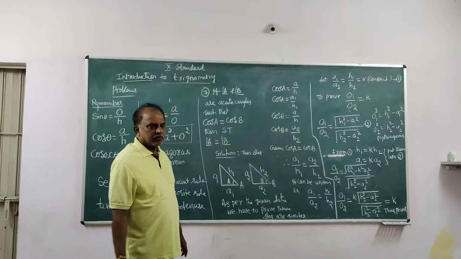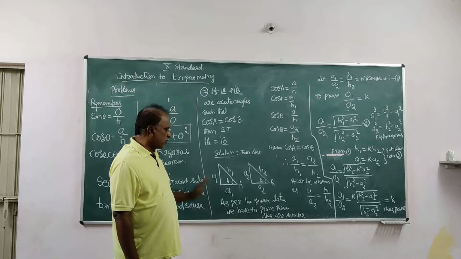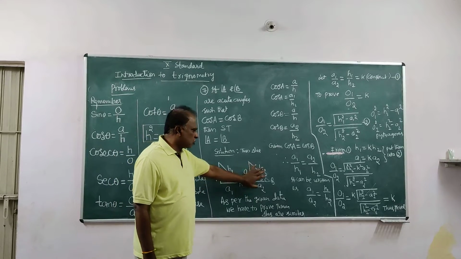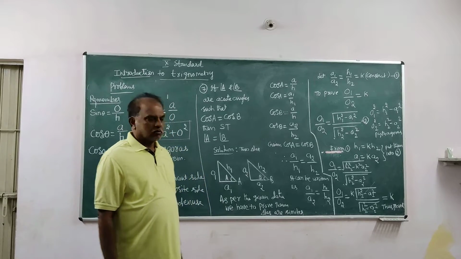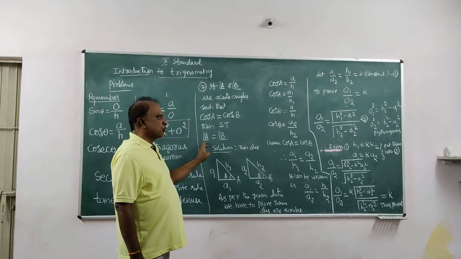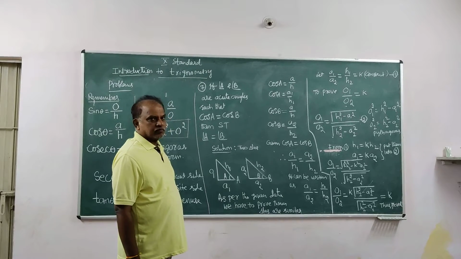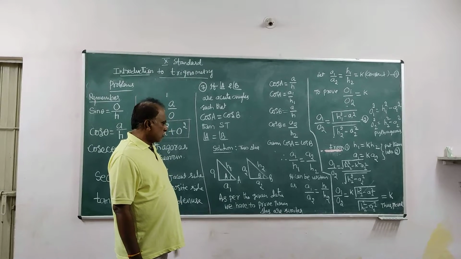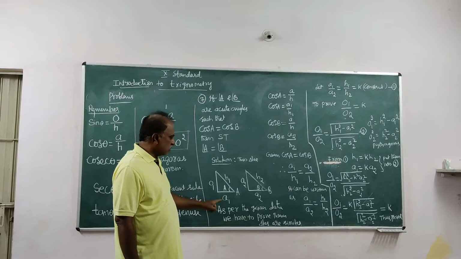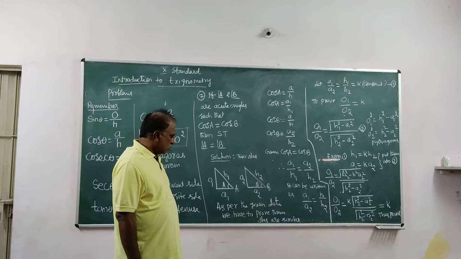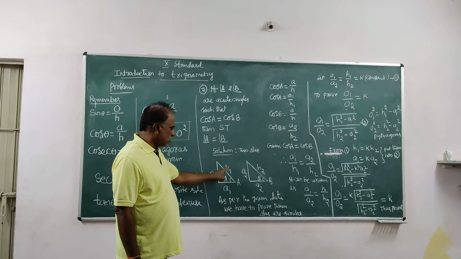A equals B. To prove that, first of all, you have to prove these two triangles are similar triangles. Then this holds good. Now, what is the proof for that? In this triangle, the sides are represented with respect to angle A, that is adjacent side, opposite side, hypotenuse.